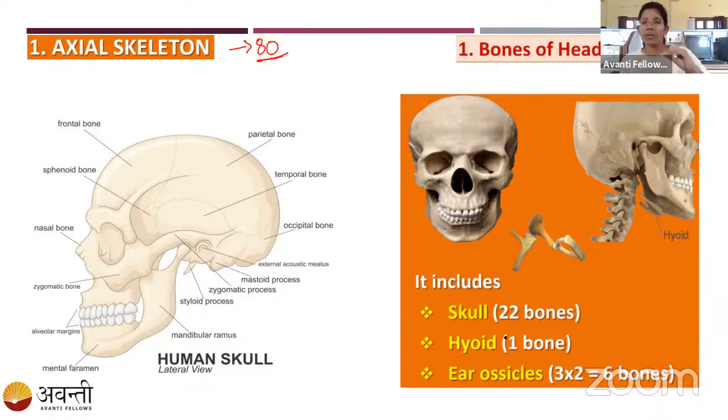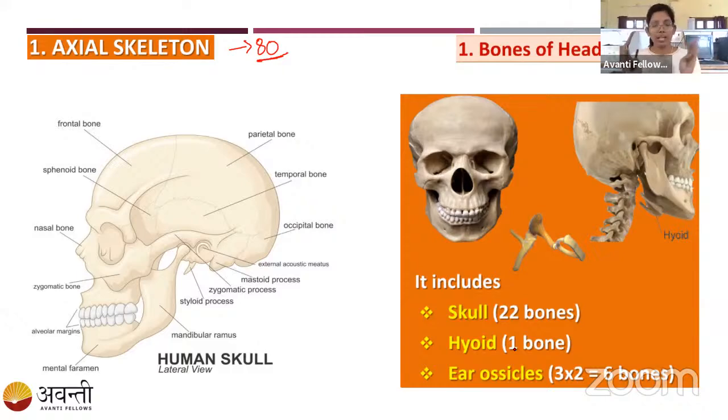Out of these 29, the skull itself has 22 bones, and there is one hyoid, a single bone, and along with that our ears also have bones. Those are called ear ossicles. Each ear has 3 bones.